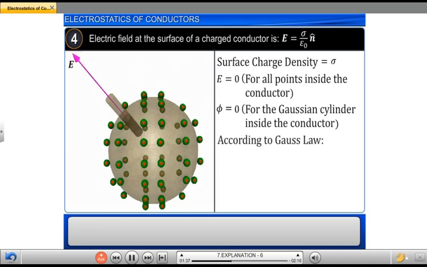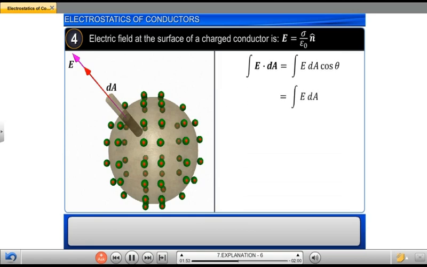According to Gauss' law, the electric flux phi through this area will be equal to integral E dot dA. Here, integral E dot dA is equal to integral E dA cos theta, equal to integral E dA, where cos theta is equal to 1 since the angle between the vectors E and dA is 0 in this case.